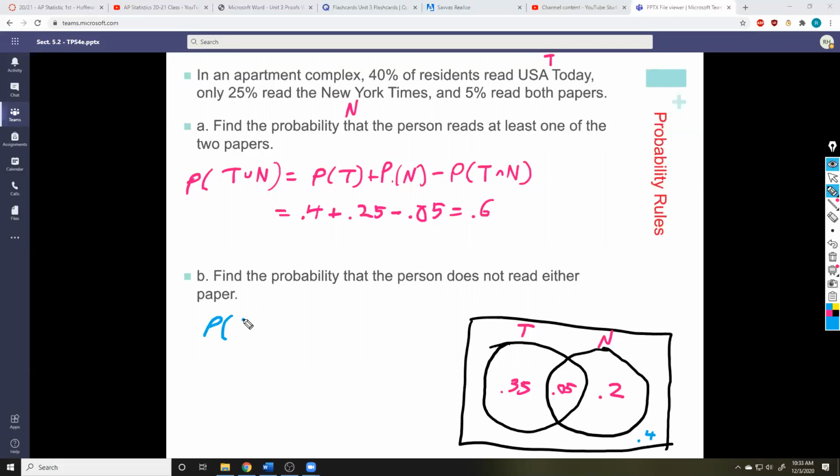So that is A and B, or sorry, stated wrong. A or B complement.